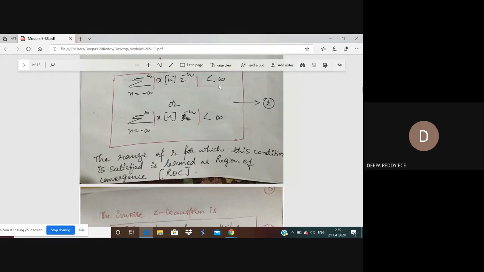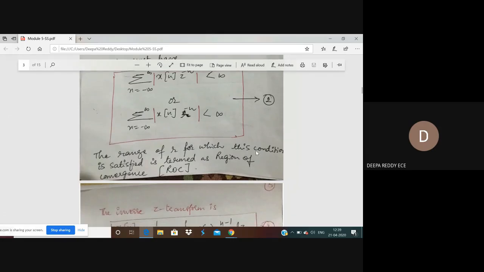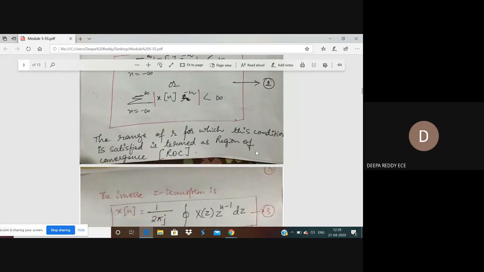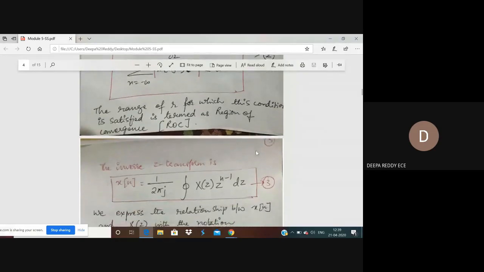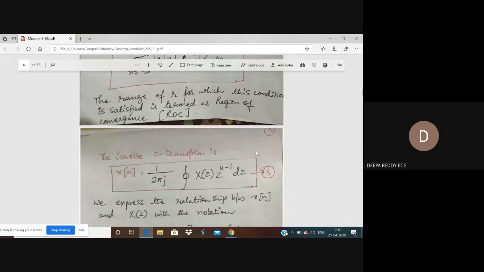In simple words, when you put Z is equal to R e to the power of j omega, you will get mod of x of n r to the power of minus n, where this r is nothing but a distance. The range of r for which this condition is satisfied is called region of convergence, ROC. More details with the help of a numerical we will see. As of now, remember what region of convergence is.